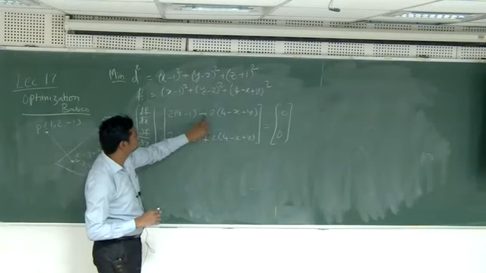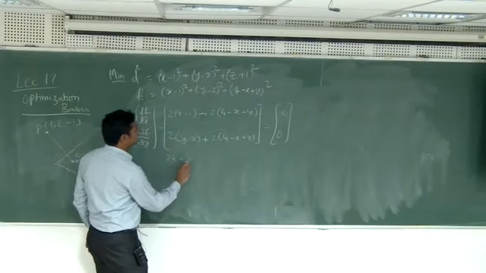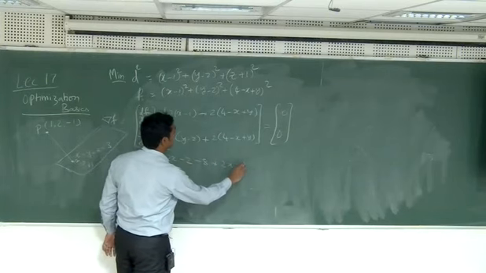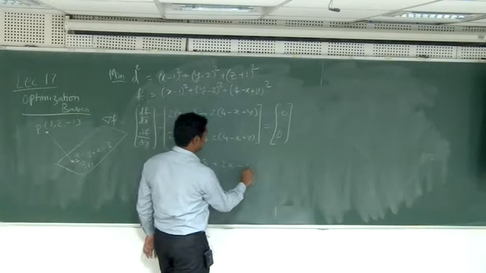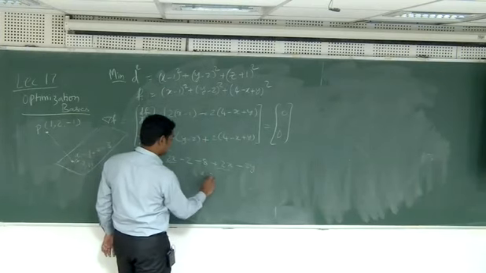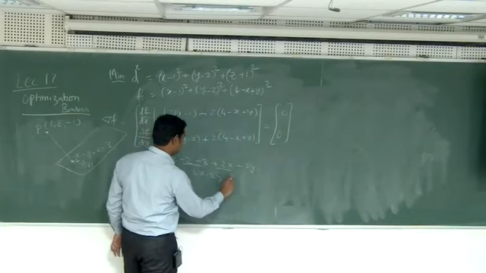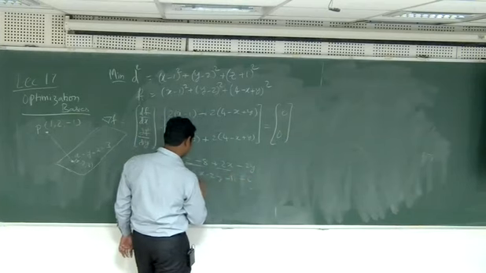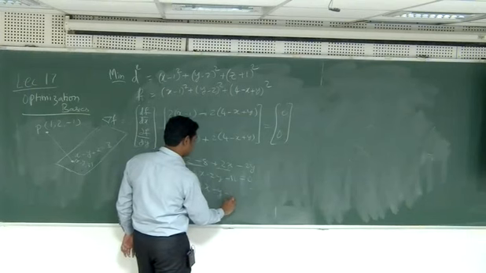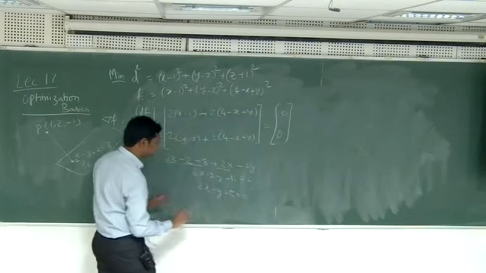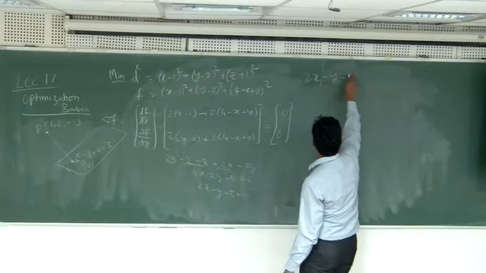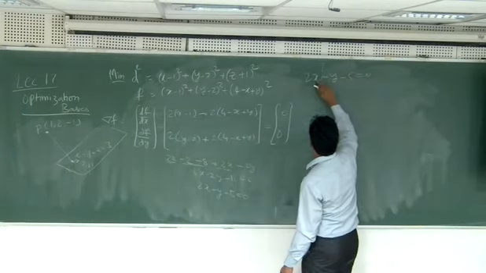So 2x minus 2 minus 8 plus 2x minus 2y, so 4x minus 2y minus 10 equal to 0, or I can write 2x minus y minus 5 equal to 0. I hope this is correct. So I am writing one equation, 2x minus y minus 5 equal to 0.